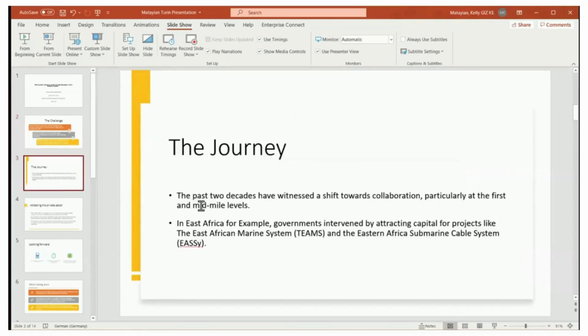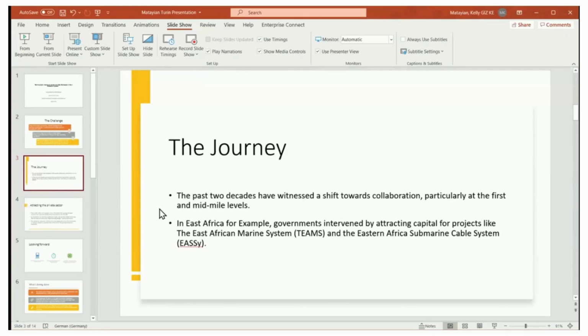So first of all, we have to look into the journey that we have experienced towards the development of digital infrastructure. And here we look at the beginning of the first mile development. And we observed that for the past 2 decades, there has been a shift towards collaboration, particularly in the first mile.